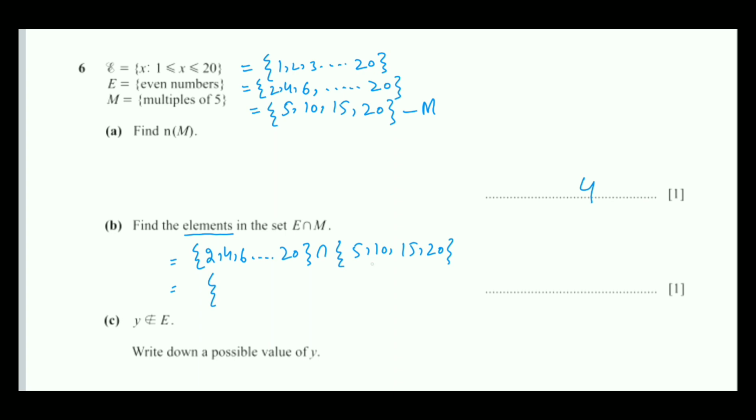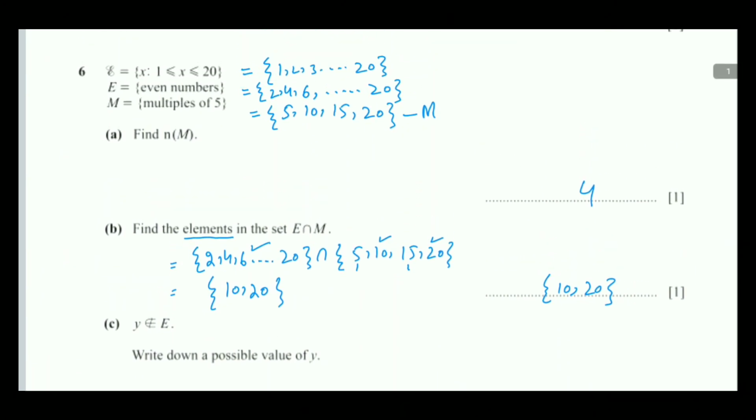So from this set you can see that the even numbers in M are 10 and 20, and 10 and 20 are also included in the other set. 5 and 15 are not included in E, they are not even numbers. So the answer will be 10 and 20. You will write 10 and 20 in the answer section because they are asking to write the elements.